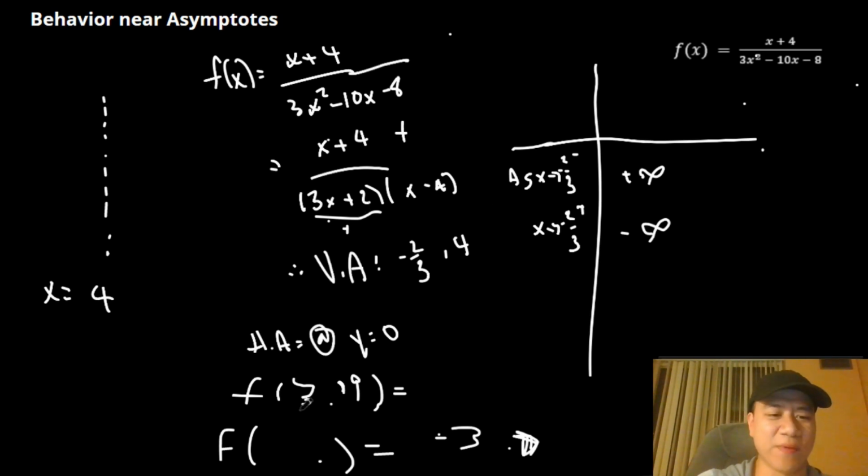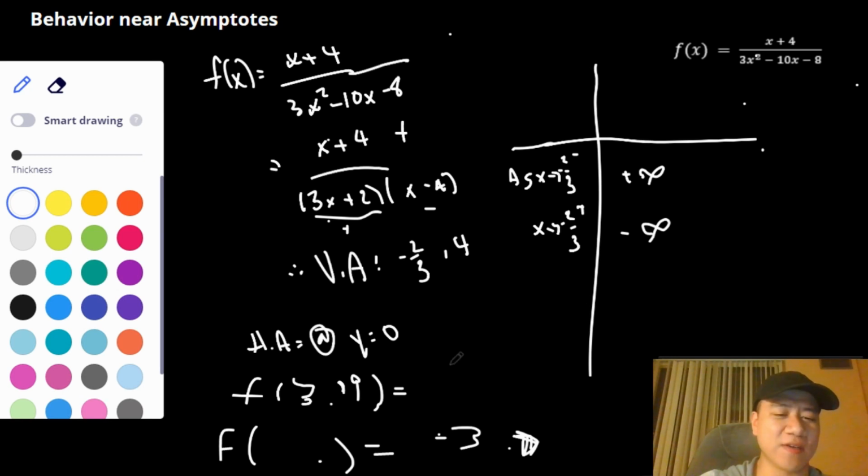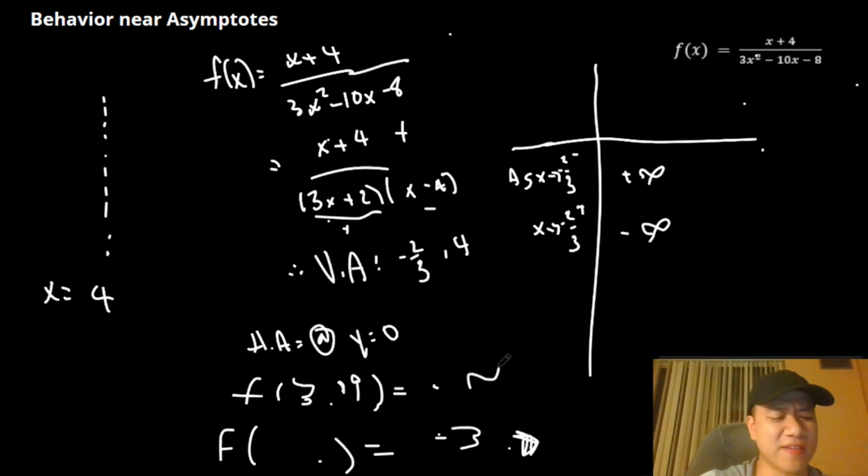Okay. And then once we sub in 3.99 into this one, this guy is going to become negative. So since we have a positive, divided by a positive, which is positive, divided by negative, which becomes negative, this whole thing is going to be negative, so we know that this guy is going to go to negative infinity.